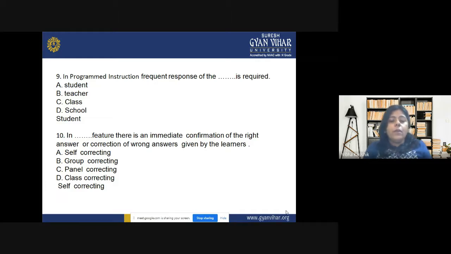Now, the 10th one, in dash feature, there is an immediate confirmation of the right answer or correction of wrong answer given by the learner.